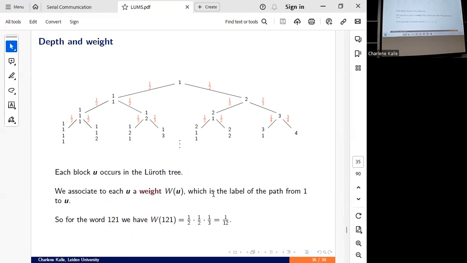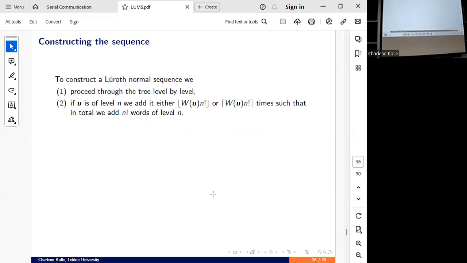And then what we did is we proceed through the tree, and for each level of the tree, we add n. If the level is n, we add n factorial words from that level, and we distribute them according to their weights. So we multiply the weight with n factorial to determine how many, and then this might not be a natural number, so we round it up or round it down if necessary.